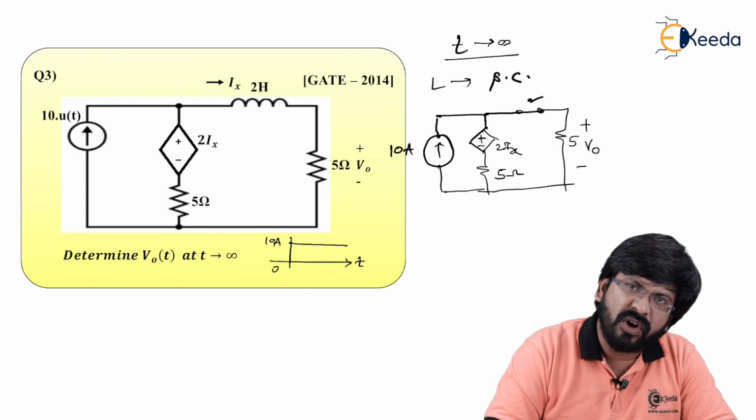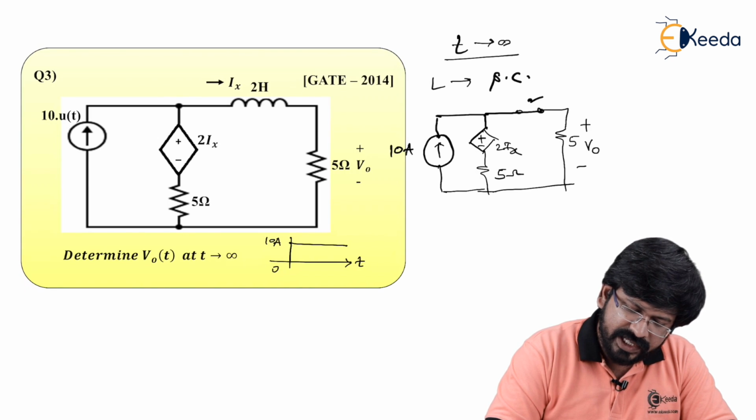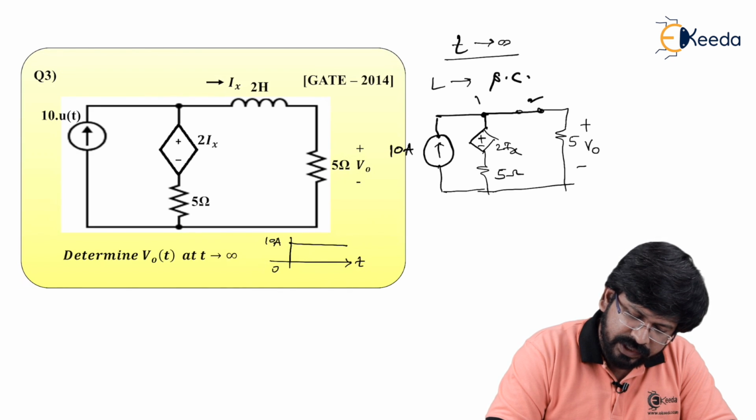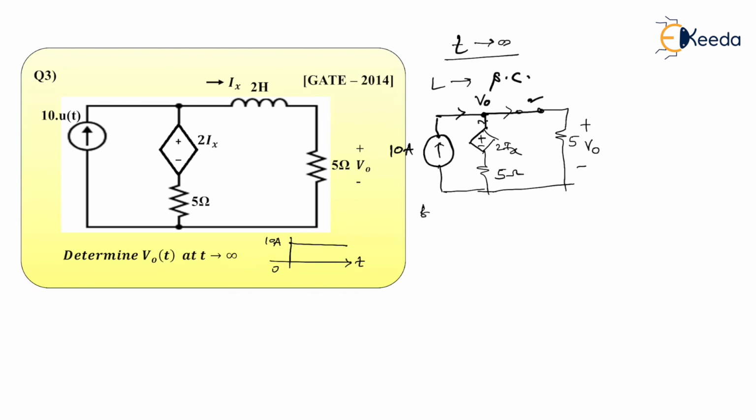Voltage across 5 is V naught, and we are asked to find V naught only at t tends to infinity. So by KCL, I can take this node as V naught, and all current additions equal to 0. As you can see, 10 ampere is incoming, so I can take minus 10 plus V naught minus 2ix, I'm talking about the middle branch, V naught minus 2ix whole divided by 5, plus V naught by 5, and that's whole equal to 0.